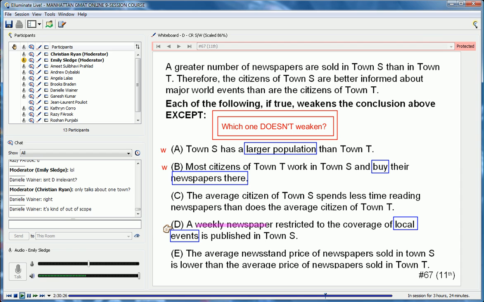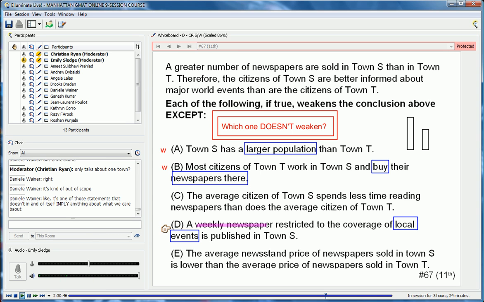There's nothing here actually telling us that this weekly newspaper is an addition. So it's at least possible that some of the newspapers mentioned up here in the sales statistics are in fact these weekly newspapers. And the fact that this could even possibly weaken means that this one is altogether a weakener.